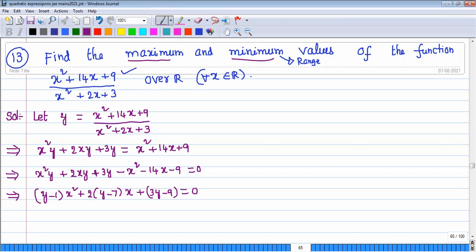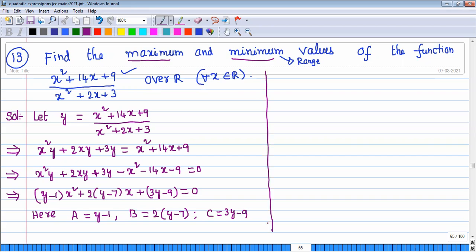Being a quadratic equation in x, comparing with ax square plus bx plus c equal to 0, here we have a equals y minus 1, b equals coefficient of x, that is 2 times y minus 7, and c equals 3y minus 9. Right?